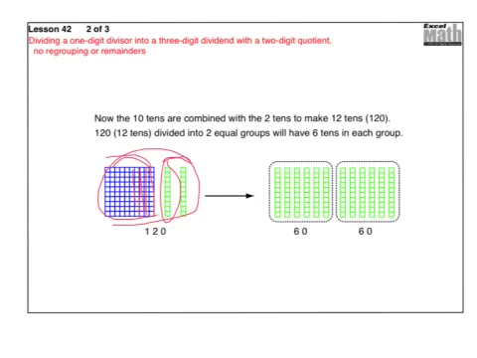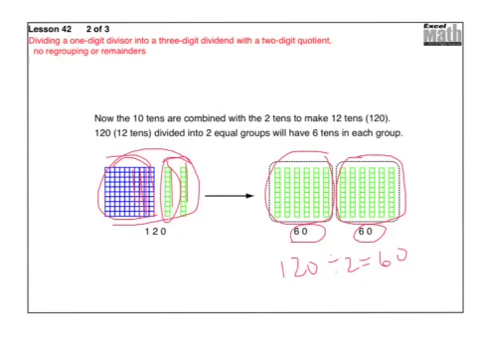If we take those 12 10 strips and split them in half, we get 6 in each group. We're dividing the 120 into 2 groups, and 120 divided by 2 is equal to 60. You can see we have 60 in this group and 60 in that group.